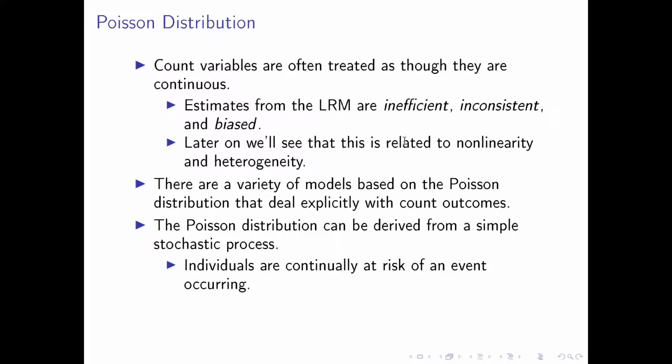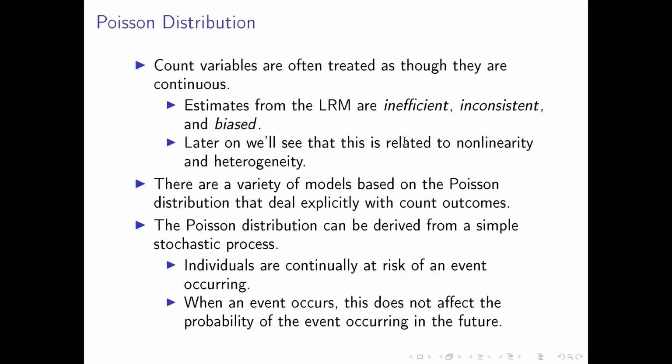Sometimes it can be not that desirable, like number of deaths, or number of accidents, or number of flawed products produced from a machinery equipment in a factory. And the second assumption is that when an event occurs, this does not affect the probability of the event occurring in the future.